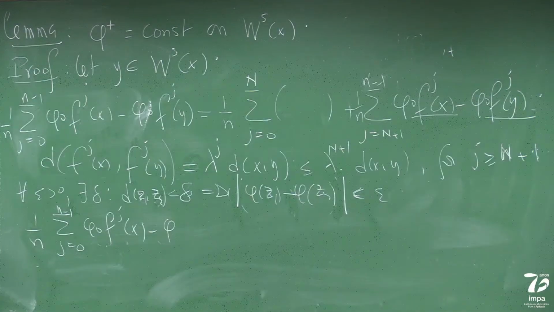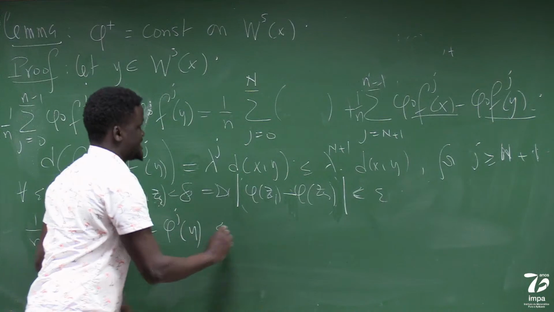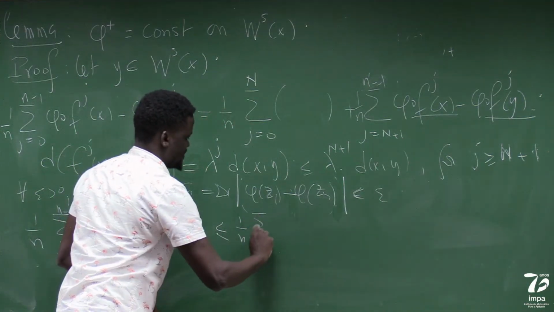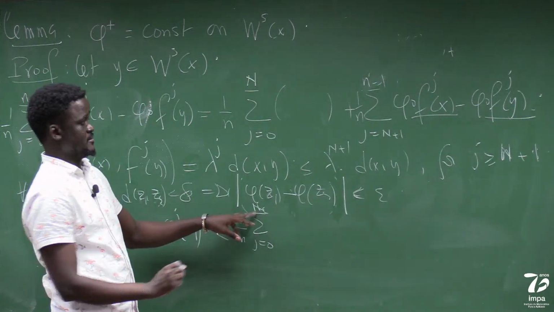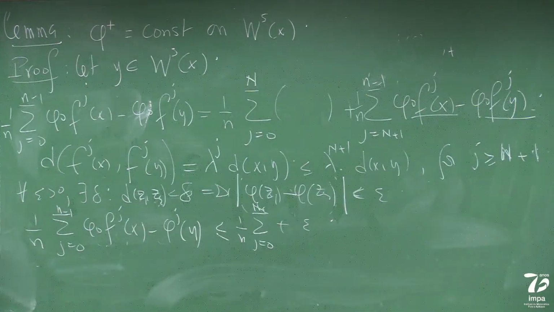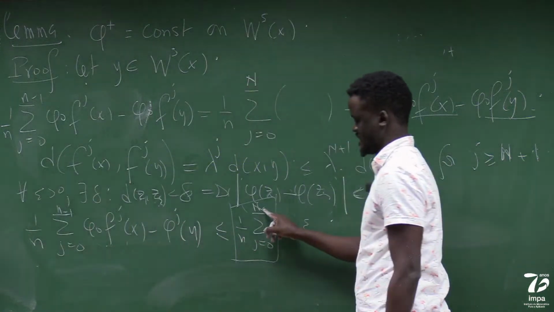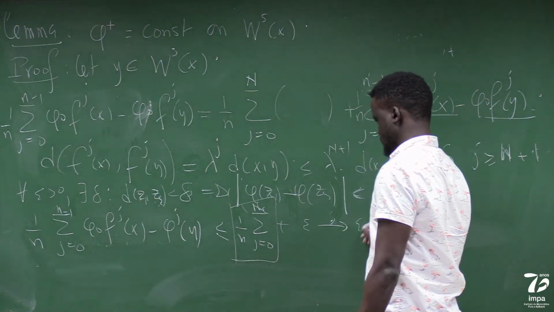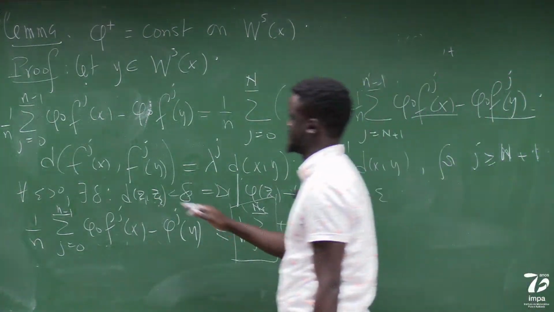So the sum over j equals 0 of the difference at y is less than this fixed quantity, 1 over n, times a sum where N will depend on epsilon, plus epsilon. And as n goes to infinity, this goes to 0 because you fix epsilon. So you would have that this is constant.